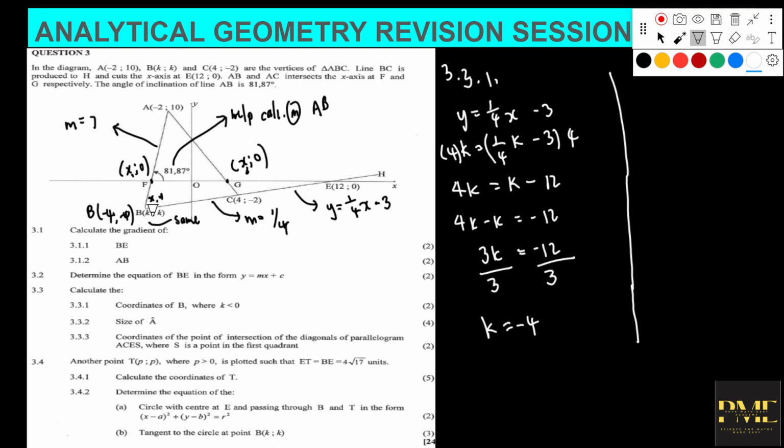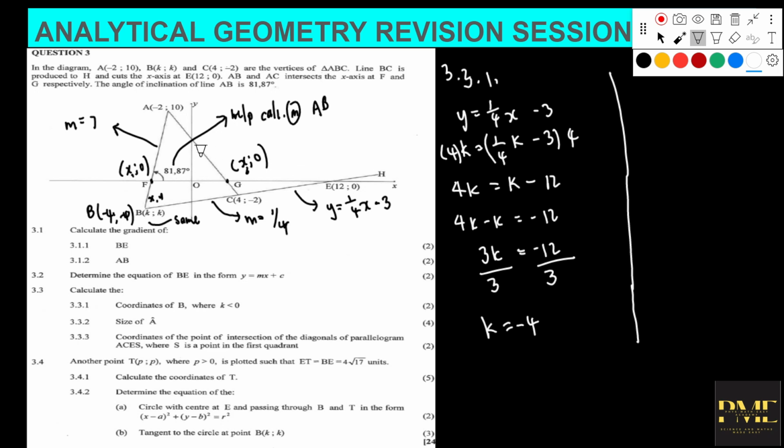Take this point as x1 and y1, take that one as x2 and y2, then equate the gradient, because the gradient of AB we already know is 7. So if we use the gradient here and equate it to 7, maybe with x1, y1, x2, y2, let's see whether we will get the same K.